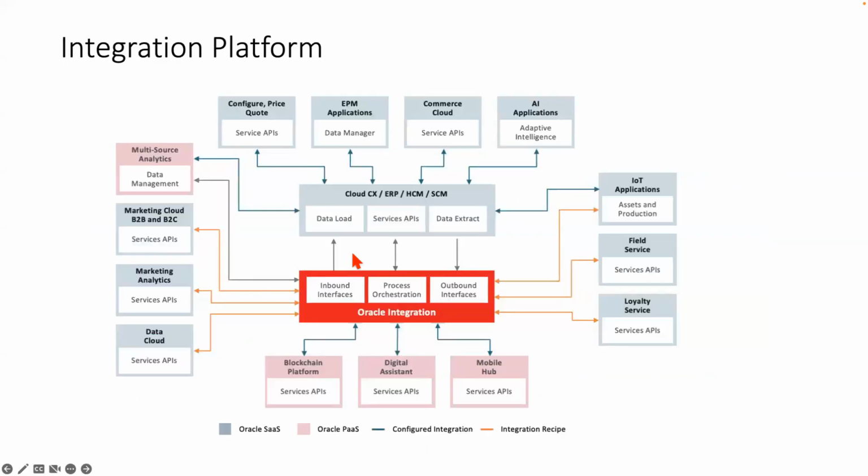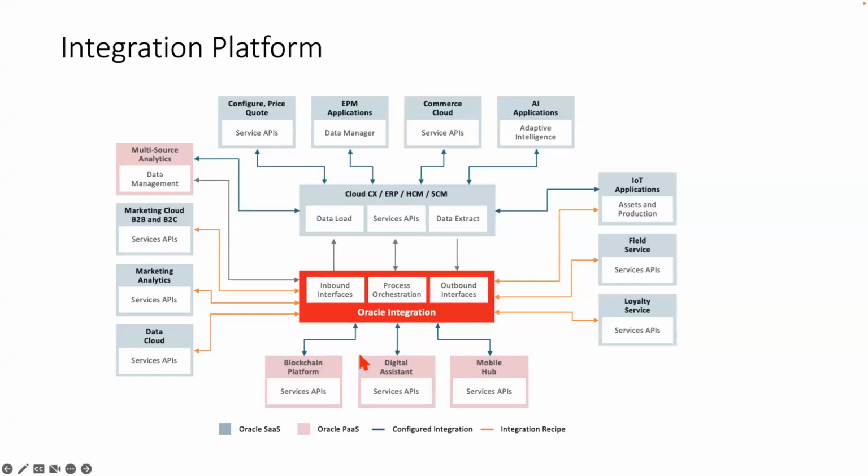In terms of the integration landscape, as far as Oracle is concerned, you have your inbound and outbound interfaces. You've got your data load, service APIs, and data extract. So this is basically where we are. Oracle then uses different kinds of interfaces to link to different services. Some of them you can use PaaS, platform as a service, to write your own code as well.